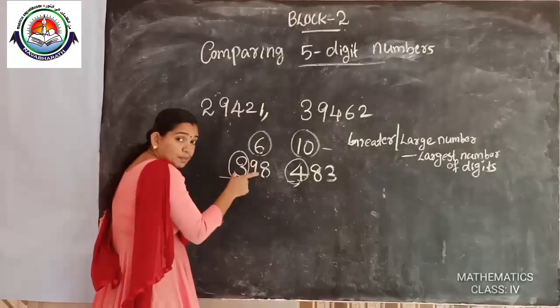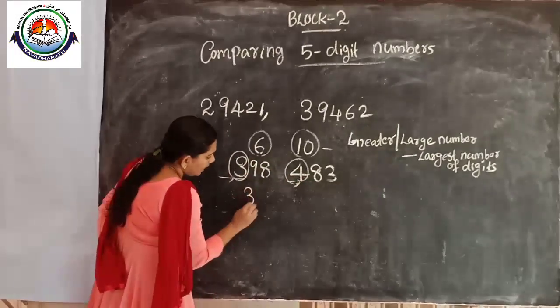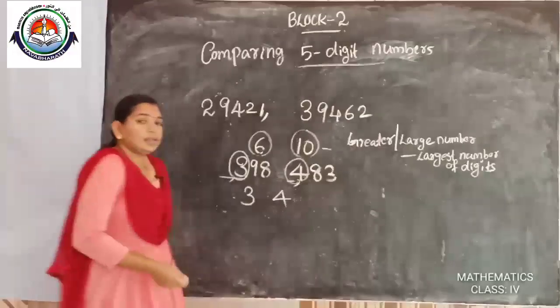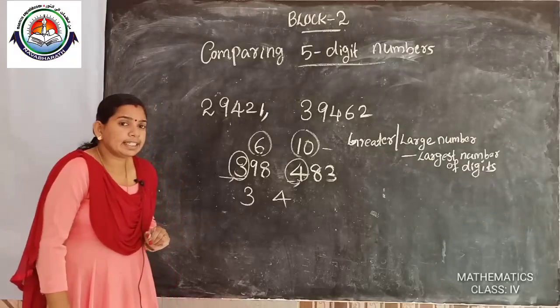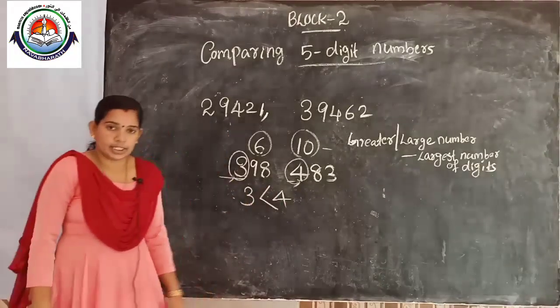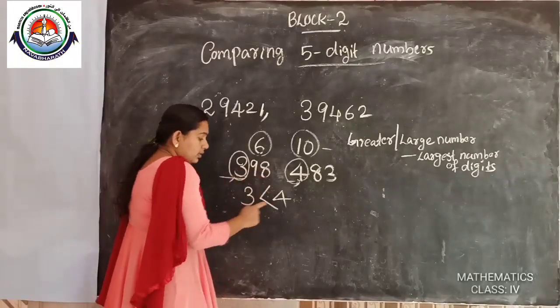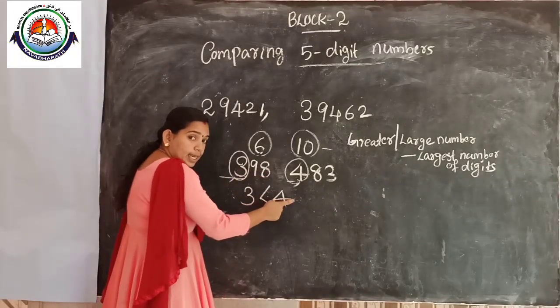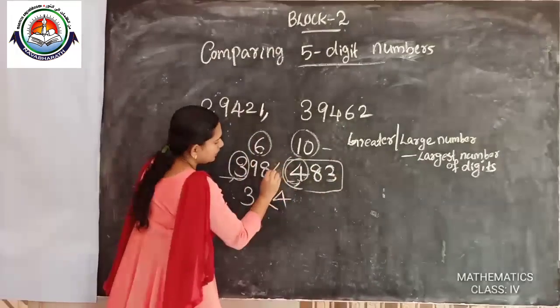In the hundreds place, here 3, here 4. Which is greater? 4 is greater. So this number is the greater number.